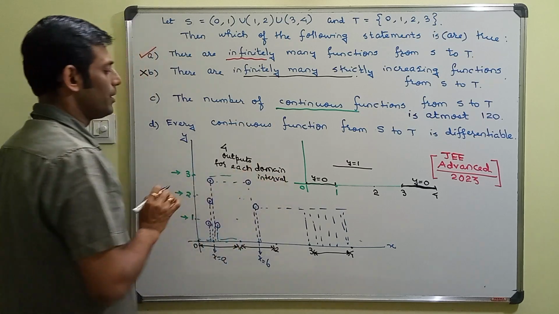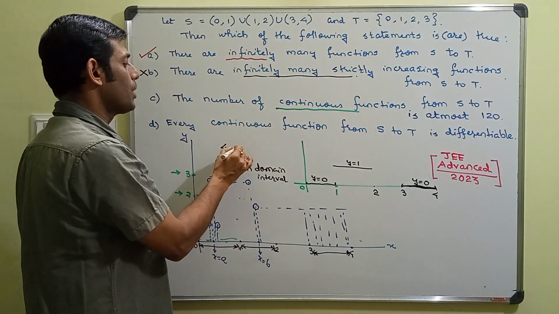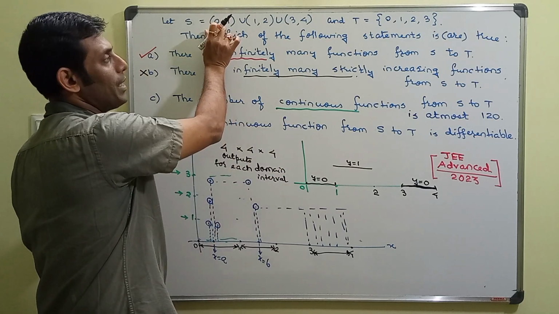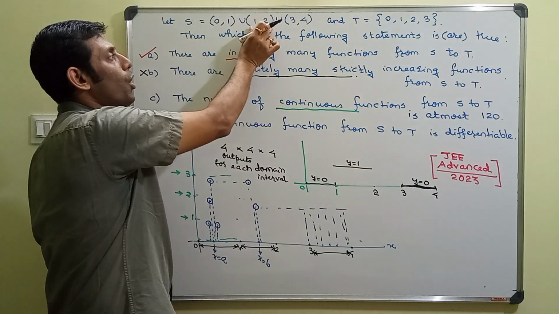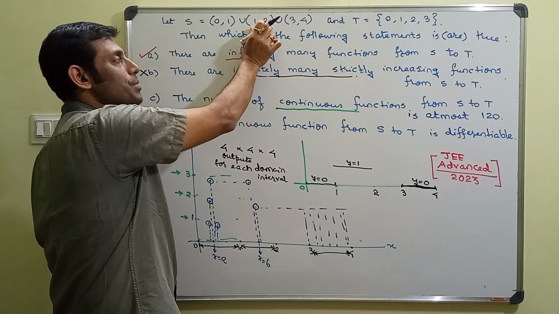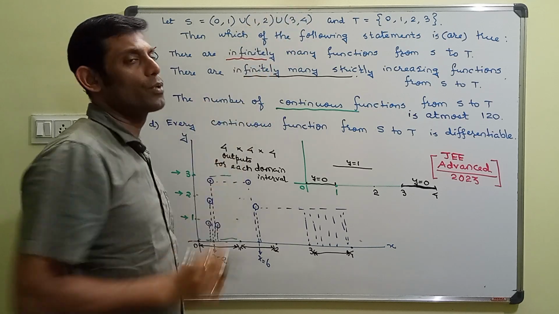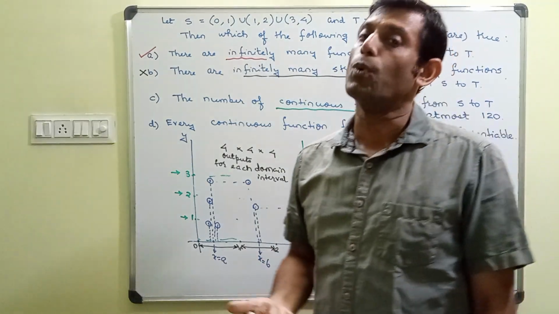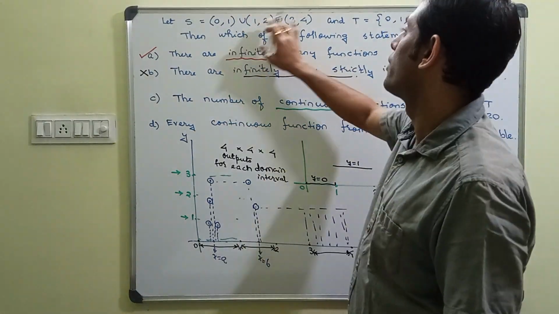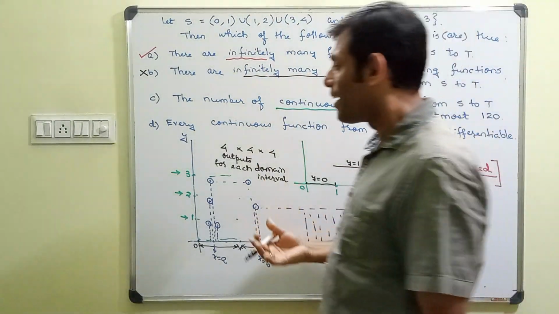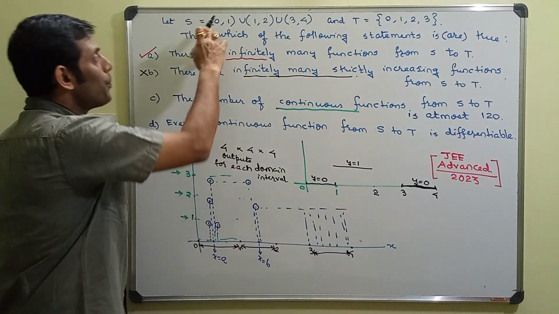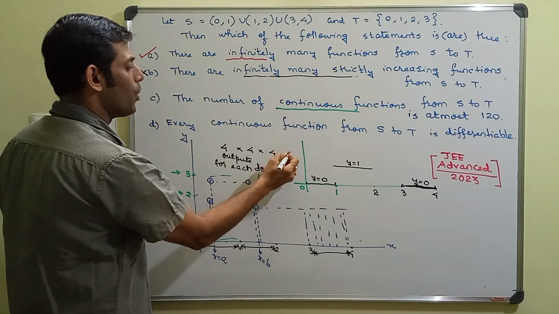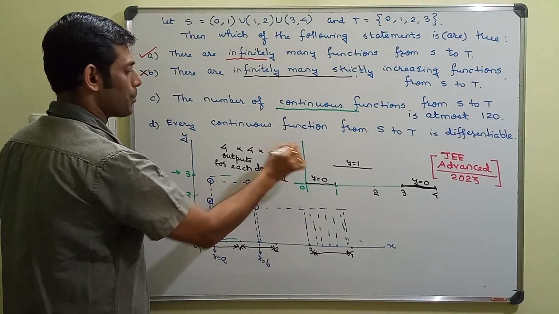And as a result, net possible outcomes are 4 into 4 into 4. Any one out of 4, each of these domain intervals can take. So overall 64 different outcomes.